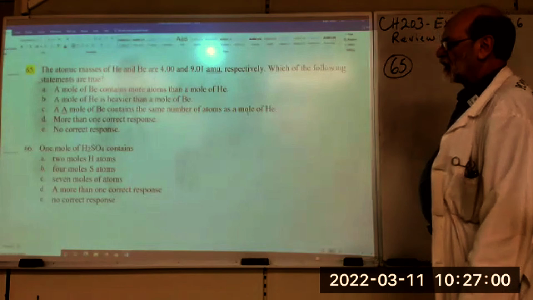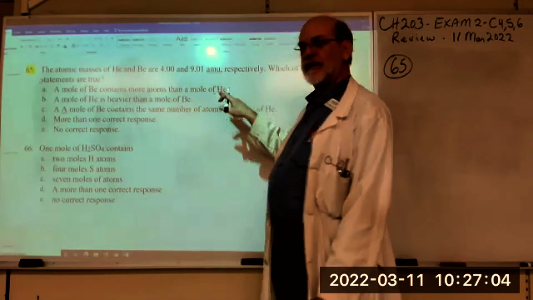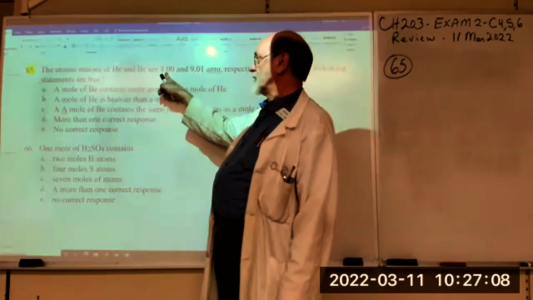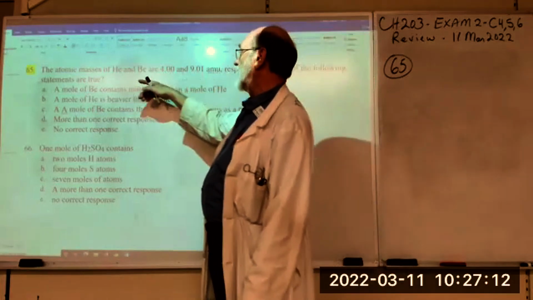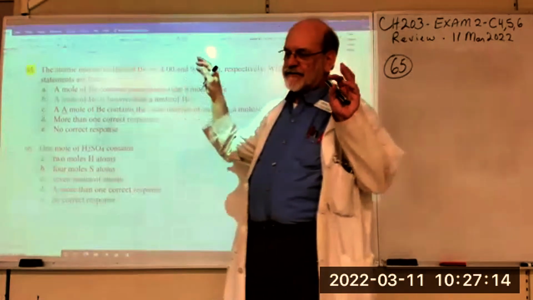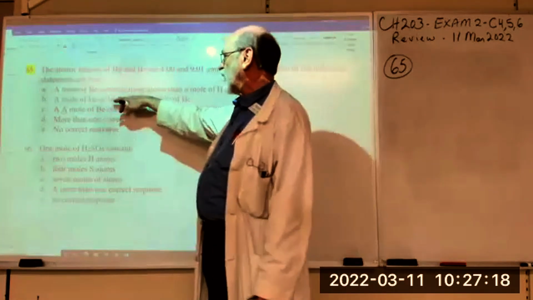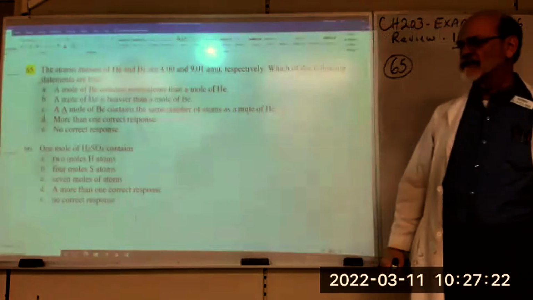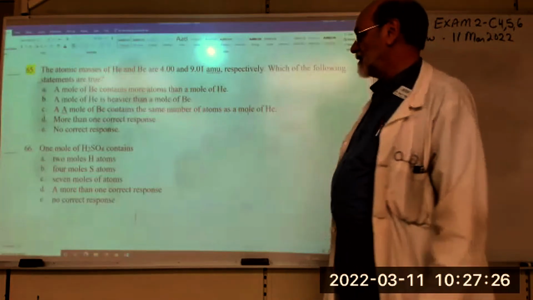A mole of beryllium contains more atoms than a mole of helium. Which one contains the most atoms? Well, if you've got the same mass, then you would have more atoms of helium. But a mole of beryllium contains more atoms than a mole of helium, that's kind of stupid. Right? A mole is a mole. They're the same.